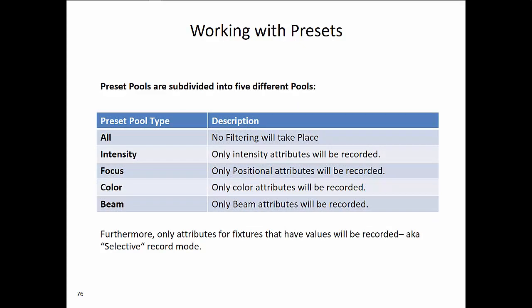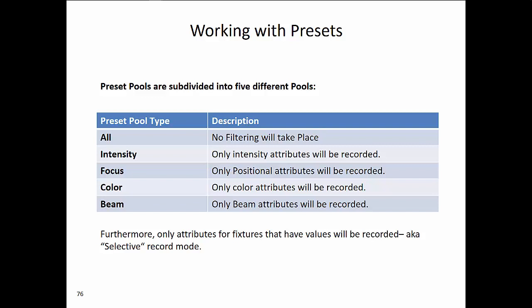So preset pools are subdivided into 5 different categories. You have the all preset pool, where no filtering will take place, so this will encompass all parameter data from the fixtures that are selected. Then you have the intensity pool, where only intensity parameters will be recorded.